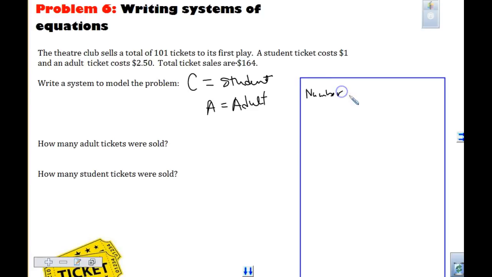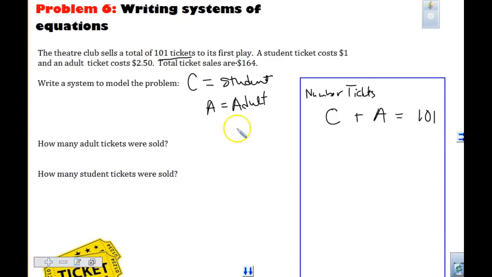So identifying our variables. The first one is the number of tickets that you sold. How many tickets did we sell in total? 101. What kind of tickets were we able to sell? Student, right? So C plus what? Students plus adults had to equal 101. So when you write your equations, think about what they're telling you.